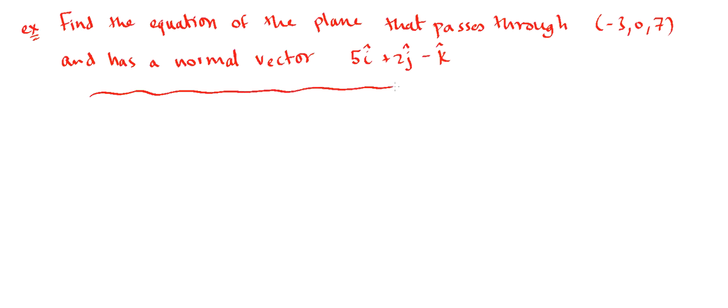So I want to find the equation of the plane that passes through this point and has a normal vector 5i plus 2j minus k.